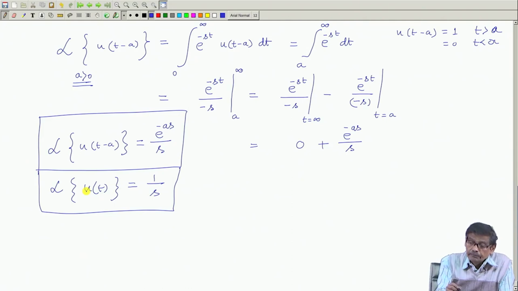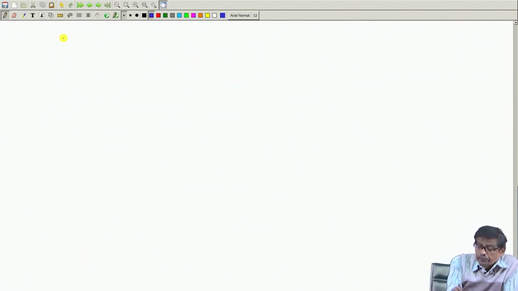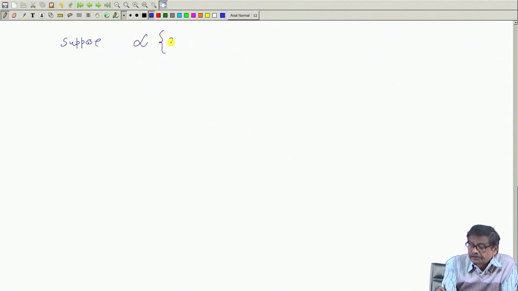So, in general, now the next thing I will do is this. Suppose the Laplace transform of a given function x(t) will be some function of s. So, I write it as X(s). Okay.